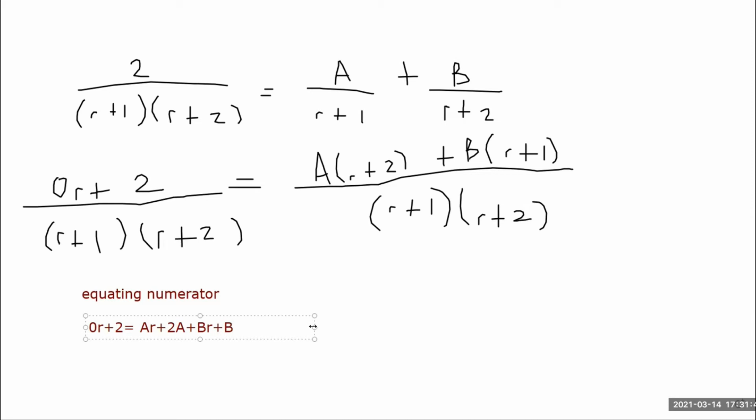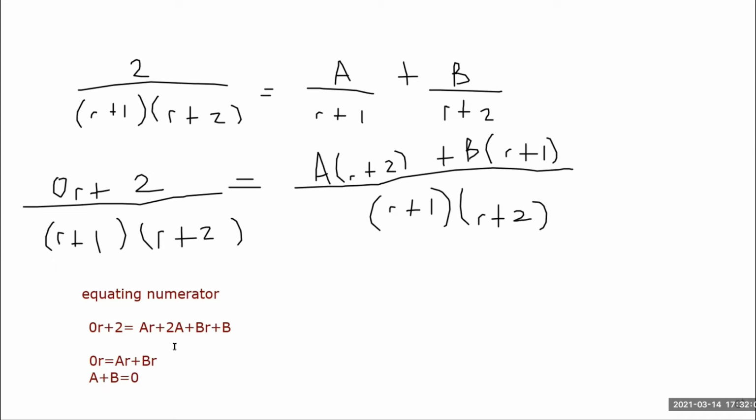Then we're going to group our r terms. So grouping our r terms, 0r is equal to ar plus br. If we divide through by r, we get a plus b is equal to 0.